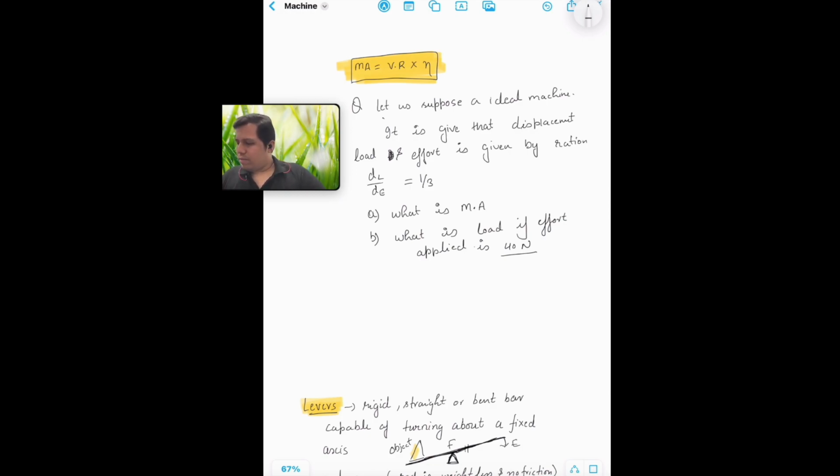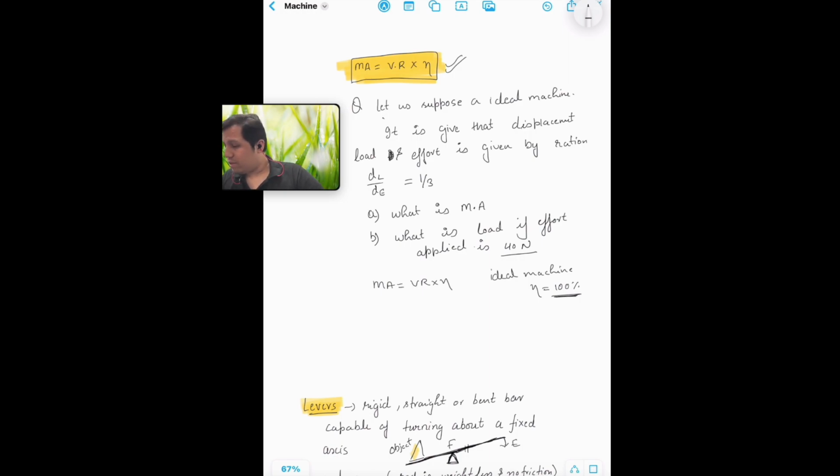Now, by this equation shown here, I know that mechanical advantage is equal to velocity ratio into efficiency. When we say it is an ideal machine, the ideal machine itself tells you that the efficiency is 100%, correct? Now, what you have to do is convert this efficiency percentage into a fraction.